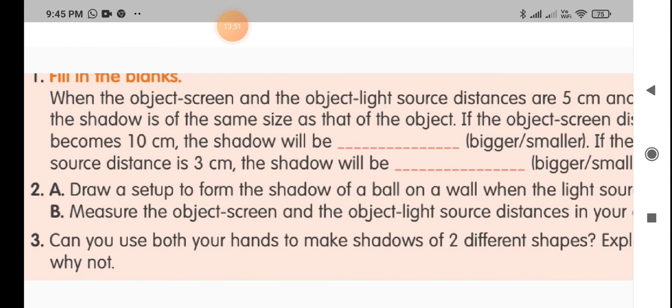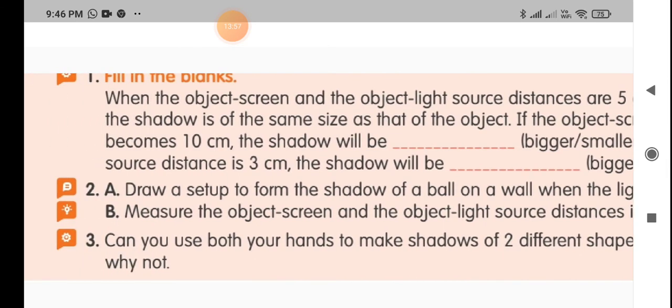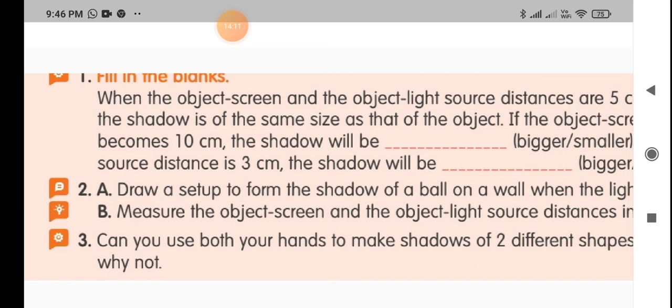Measure the object-screen and the object-light source distance in your drawing. So you draw a light source, a ball, and the screen, and measure the distances between the object and the screen and between the light source and the ball.